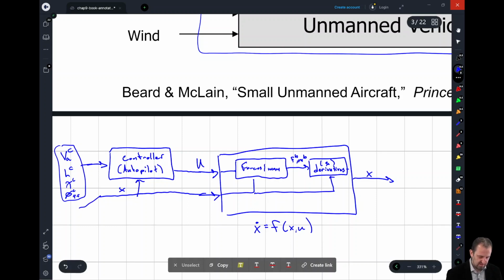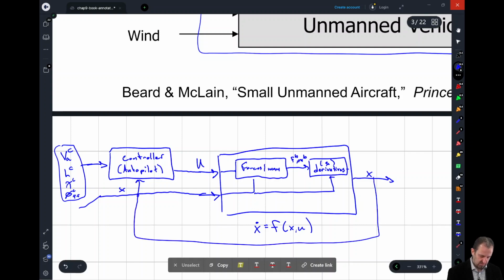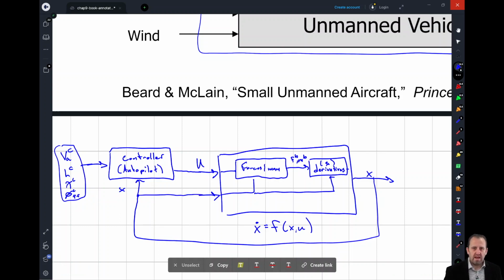And our state also goes into our autopilot. So we have this controller that takes that feedback state x. And we now have an autopilot that'll get us to our desired altitude, our desired airspeed, and our desired course angle.